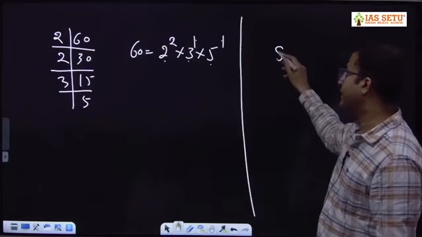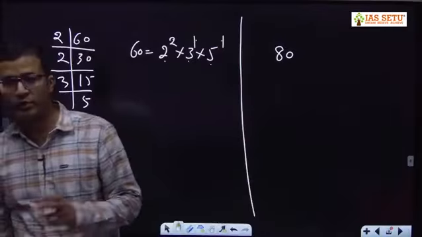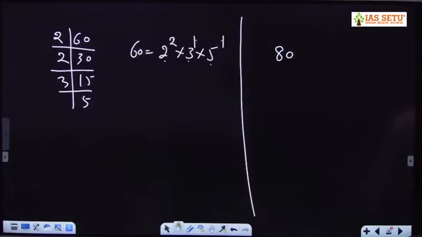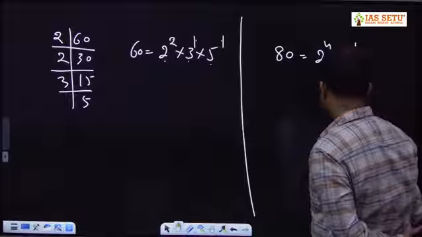Take your time. 80. Just express 80 in prime form. 80 को prime form में लिखो. Then what is your answer? 2 to the power 4 into 5 to the power 1.